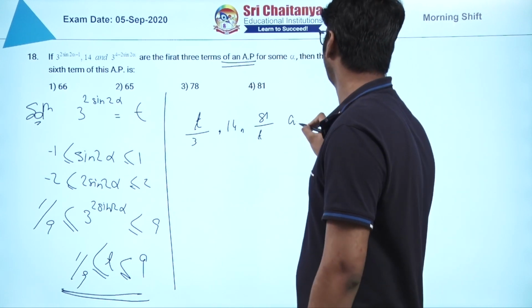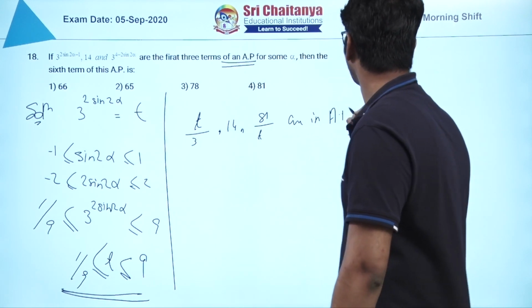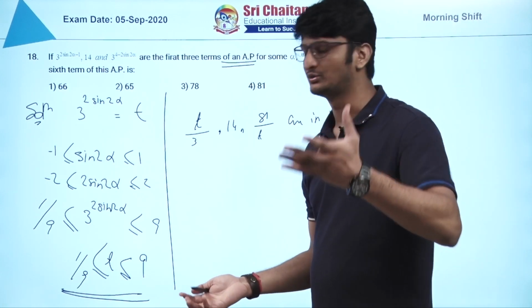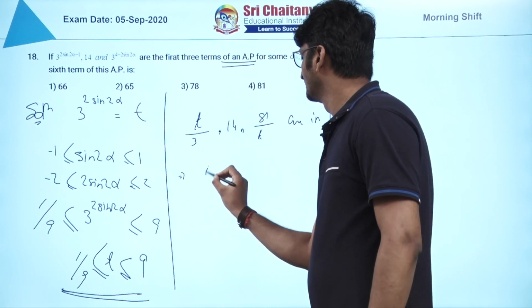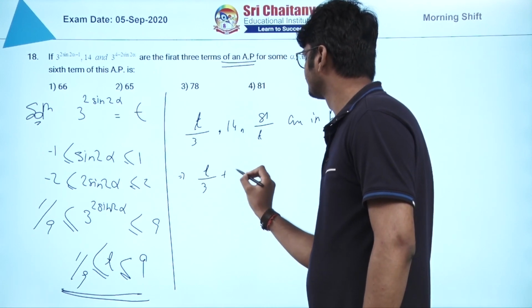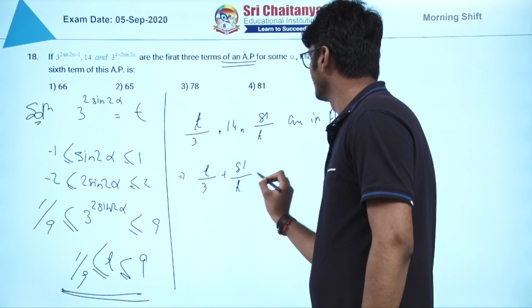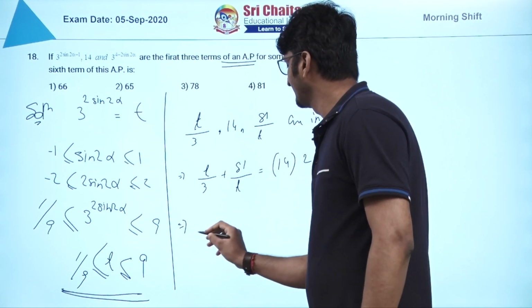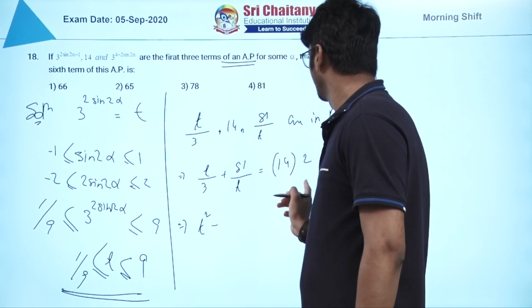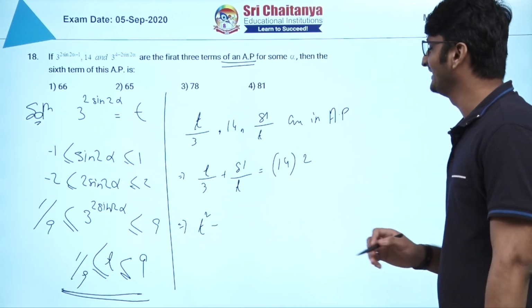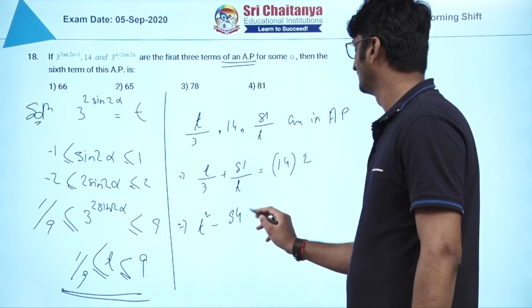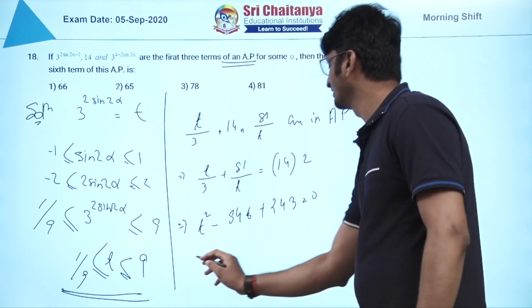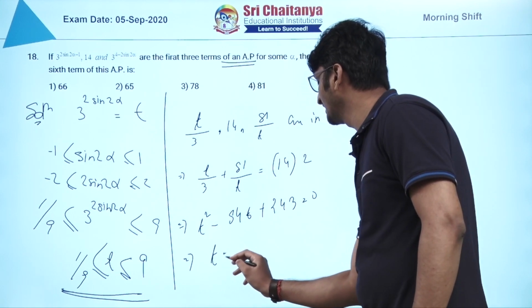If A, B, C are in AP, A plus C is equal to twice B. So, let us use that, t by 3... simplifying we are getting t square, 3t into 28, it is nothing but 84, and this is 243.